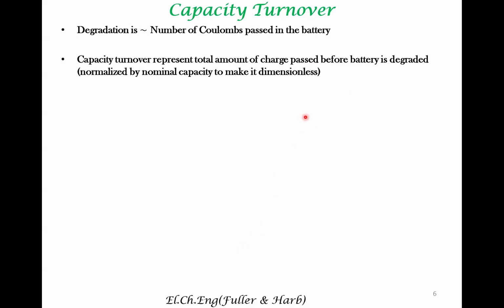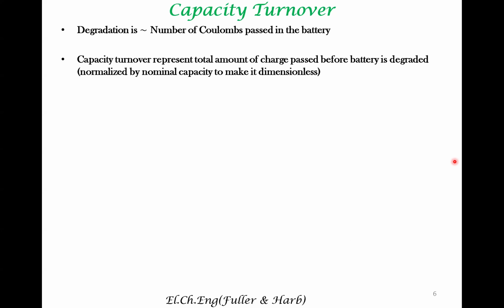What do you mean by that? Supposing you do not want to be operating the battery if the battery gives, let's say, less than 80% of the rated capacity. Okay, so let's put that as a mark for when the battery is deemed to be degraded.